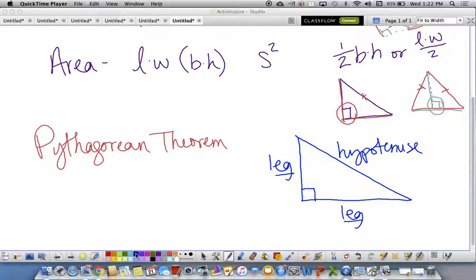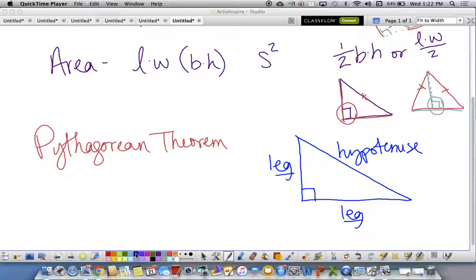Because if you're looking in your book, Joanne, are you at 8-1? The Pythagorean theorem? If you are, you're going to write it sometime, but let's read it. Go ahead, Joanne. The sum of the square of lengths of the legs A and B, a squared plus b squared equals c squared.